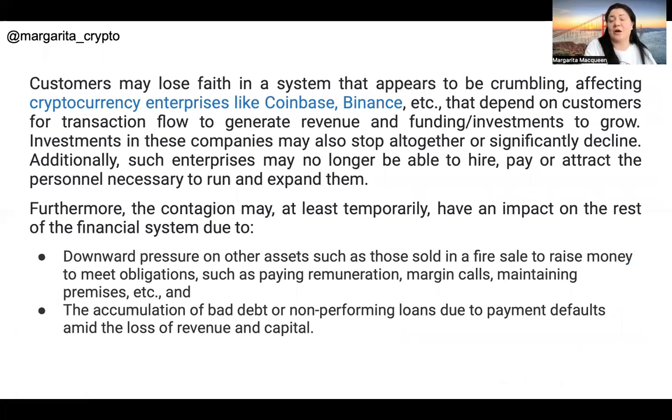Cryptocurrency enterprises like Coinbase and Binance that depend on customers for transaction flow to generate revenue and fund investments to grow. Investment in these companies may also stop altogether or significantly decline. Additionally, such enterprises may no longer be able to hire, pay, or attract the personnel necessary to run and expand them.